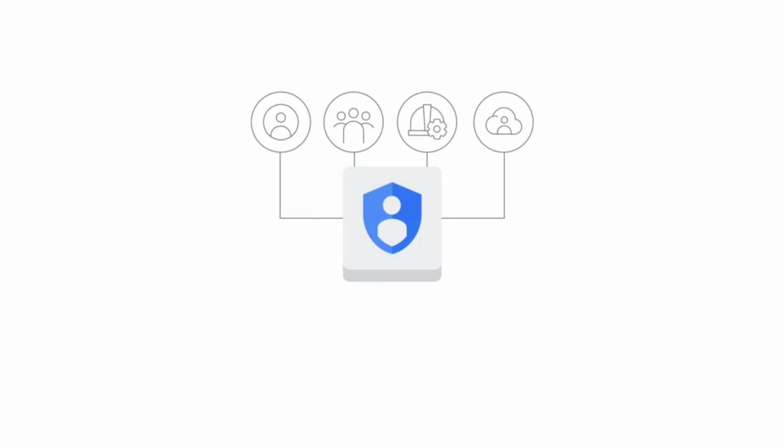The who part of an IAM policy can be a Google account, a Google group, a service account, or a cloud identity domain. A who is also called a principal. Each principal has its own identifier, usually an email address. The can do what part of an IAM policy is defined by a role. An IAM role is a collection of permissions.